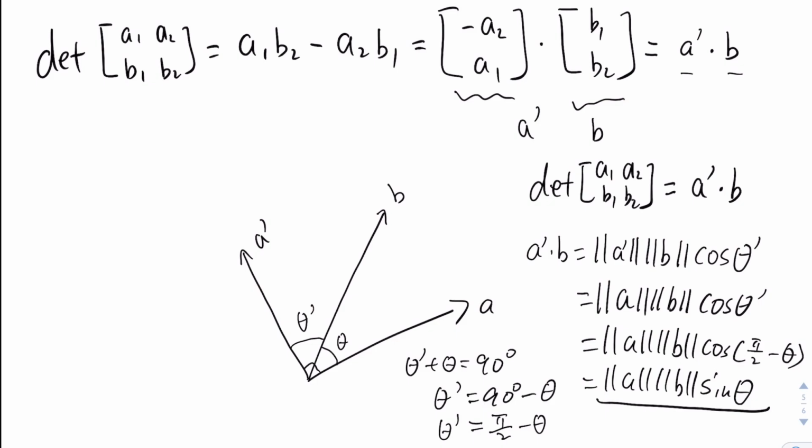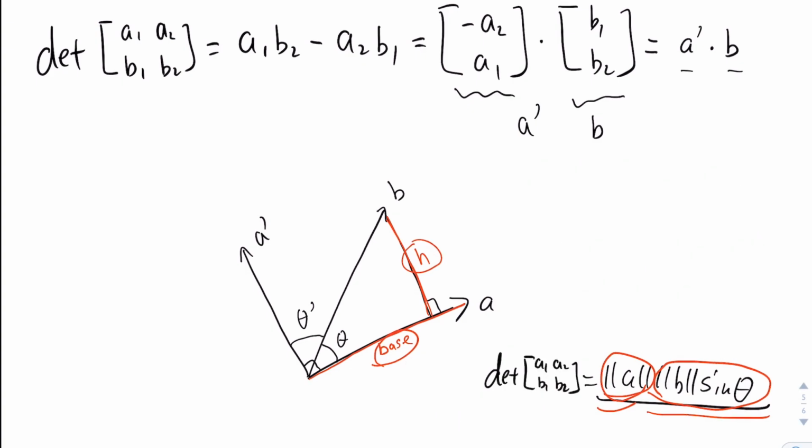Well, let's see. If I draw a vertical line from B to A, the length of this line, which we name H in this case, times the norm of A, which we can see as a base. So what's the product of a base and H?